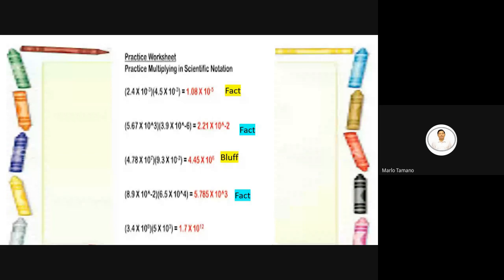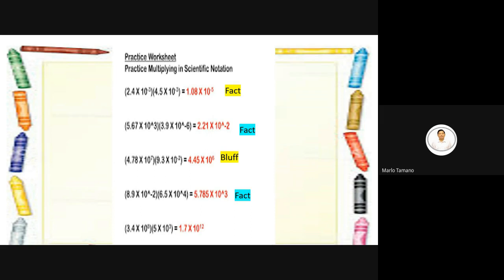3.4 times 5. 17. Okay, so 17 times 10, to the 6. So, try natin 6 plus 3.